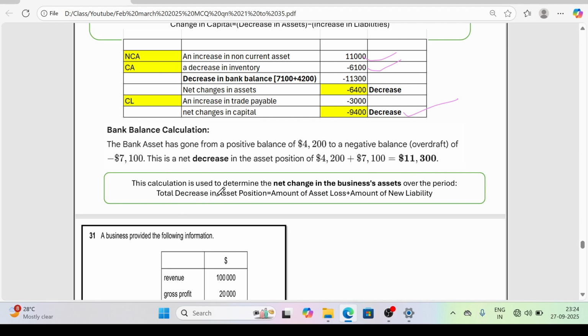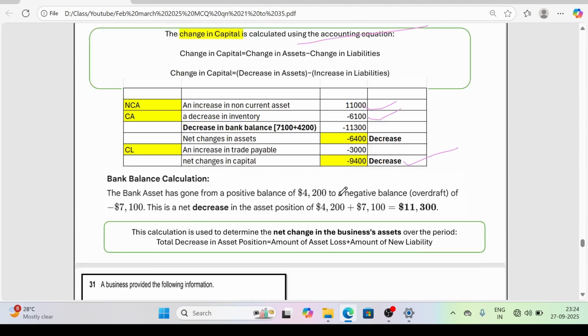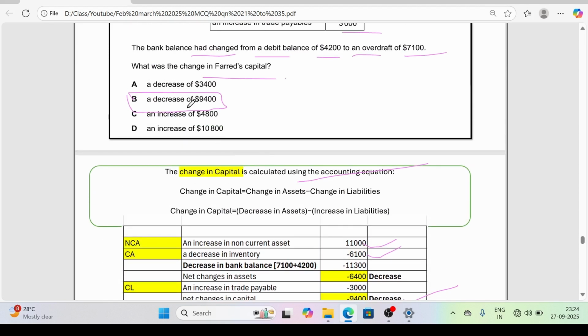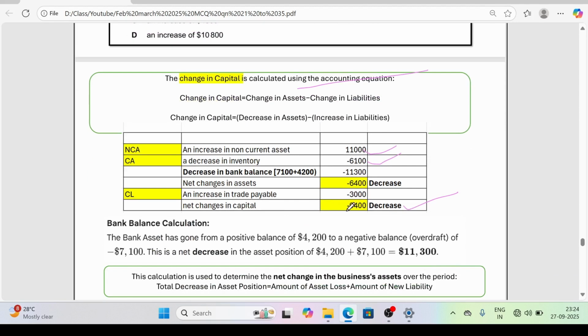The total decrease in asset position equals the amount of asset loss plus the amount of new liability. That's why we are adding. How much loss happened? How much did new liabilities increase? That's why we are adding 4,200 plus 7,100. Understood? The answer will be a decrease of 9,400.